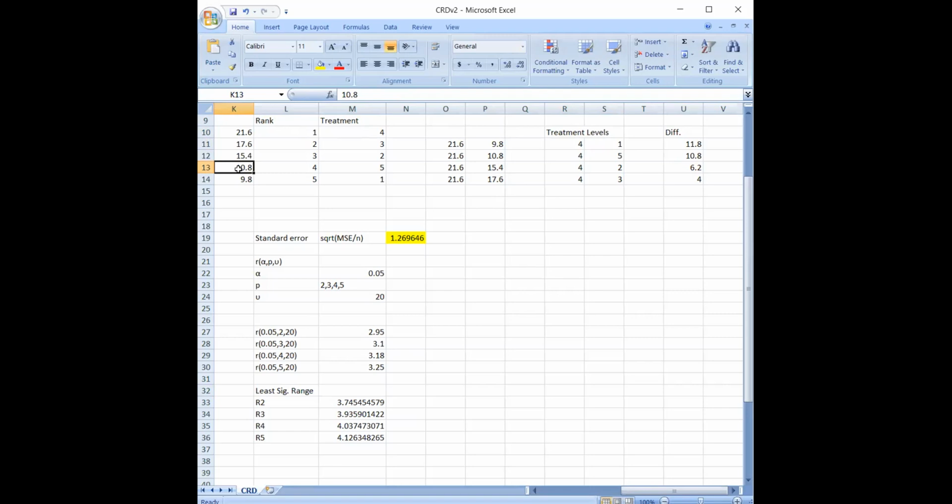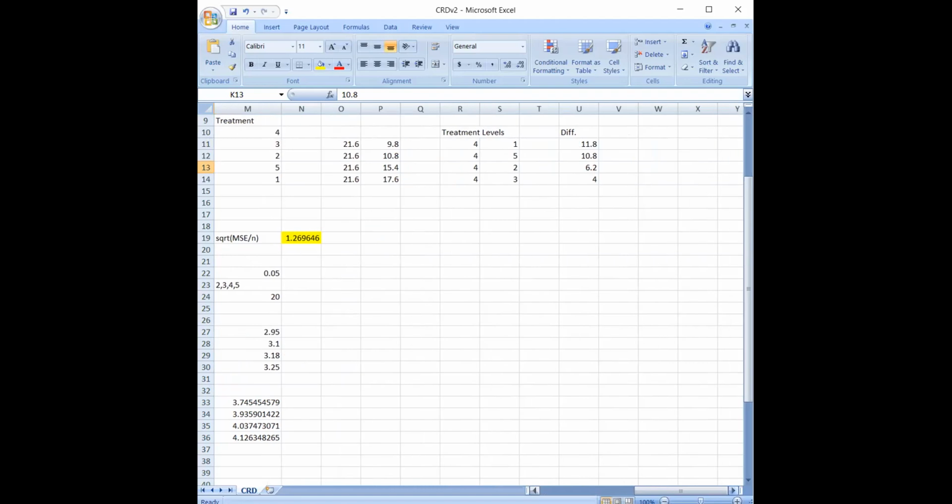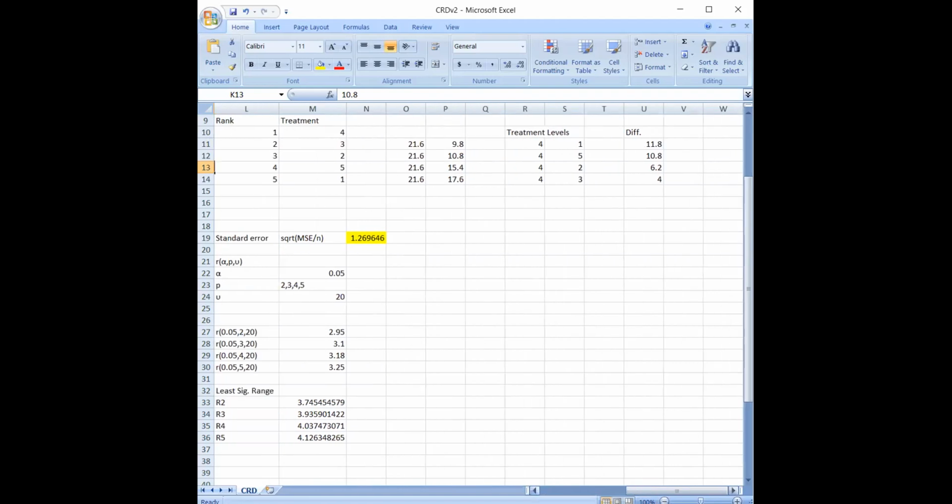If you have 3 gaps, p should be equal to 5 based on this example. So you have to compare this difference with R5, since p is equal to 5.